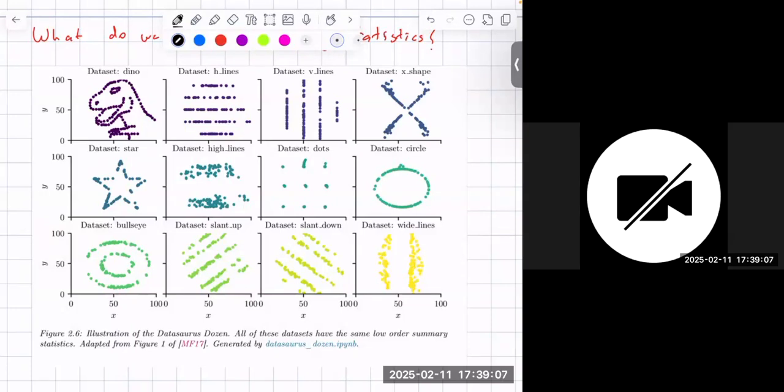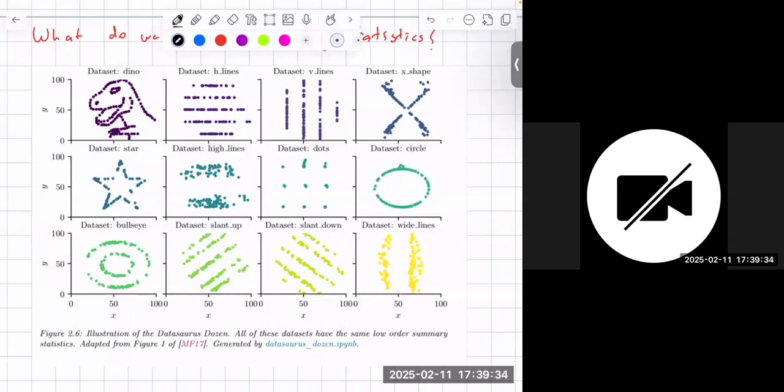All these data sets have the same first expectation, and also the same second moment. Whatever standard deviation means for a 2D data set, it's the same for them. Their average is also the same. Of course, this is constructed for this purpose. It's not real data. But the point is, the summary statistics don't tell you too much about your data.